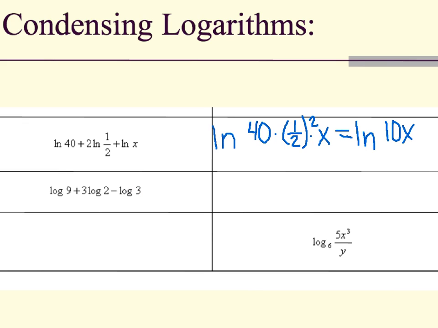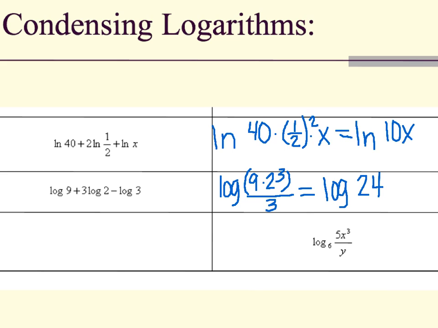So this is the log of 9 times 2 to the third, and that whole thing then needs to be divided by the 3. And if we do a little bit of simplifying here, 9 times 2 to the third divided by 3 is 24. So this is log of 24.